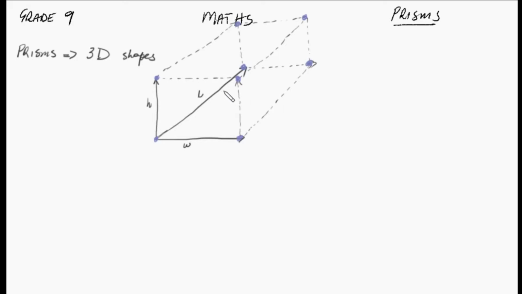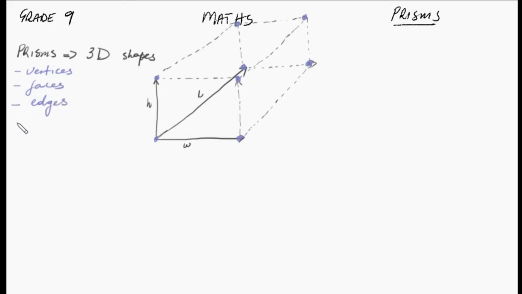We also have the edges. The edges are these dimensions, the lines here. 1, 2, 3, 4, 5, 6, 7, 8, 9, 10, 11, 12. So this shape has 12 edges. Now, we are saying a prism will have vertices, a prism will also have faces, and a prism will also have edges.